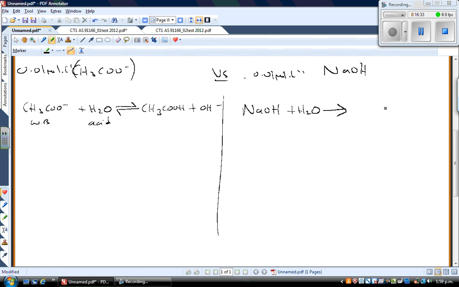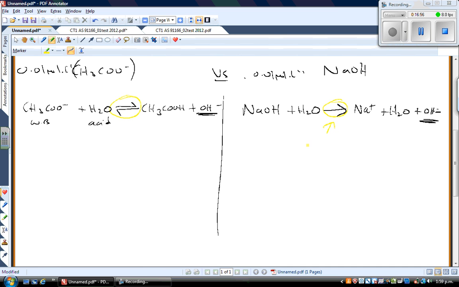it's complete dissociation. You get your sodium spectator ion, you get water forming again, but you also get the production of OH minus ions. So in both cases you get the production of OH minus ions. So we have to decide which species is going to produce the most OH minus. Now the key to answering this question is really all to do with the type of arrow that is being used.